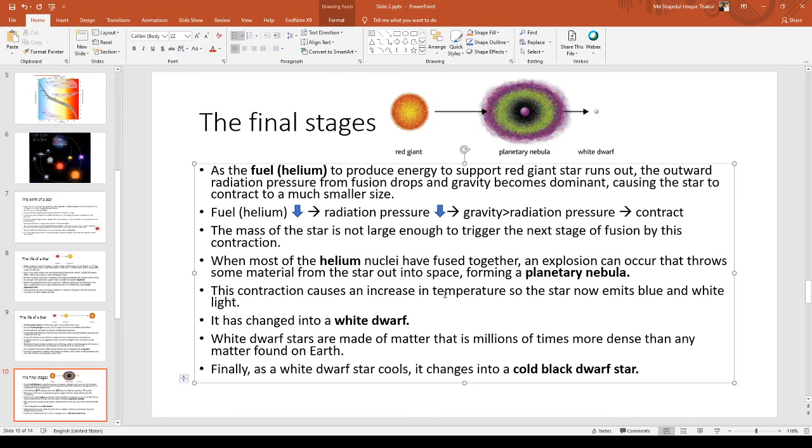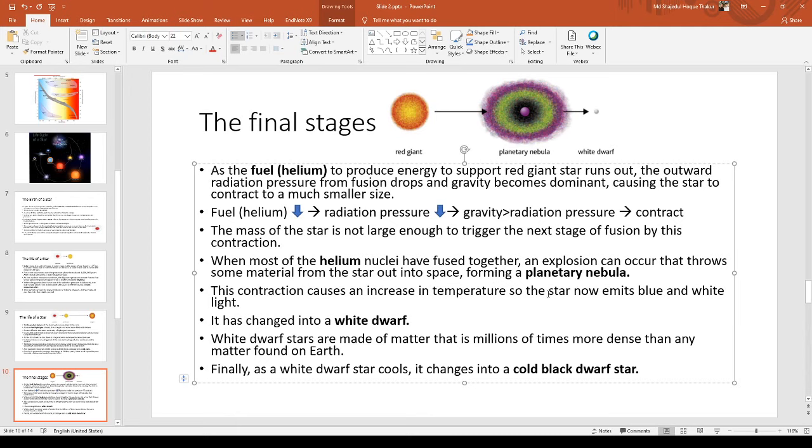So as it is very small now, it has contracted, but it still has a lot of energy from the nuclear fusion reactions that it had during its lifetime. Due to that energy, it is still radiating as white light.